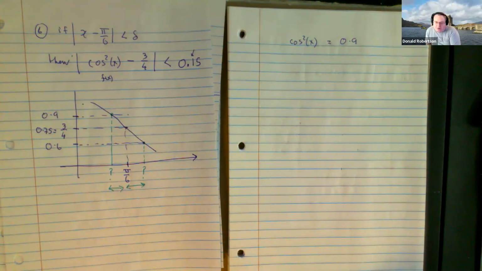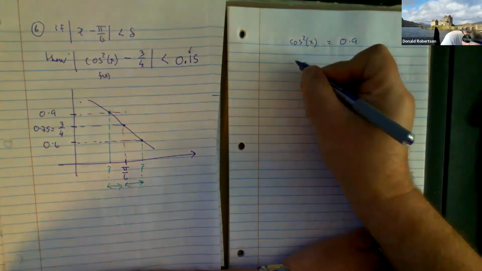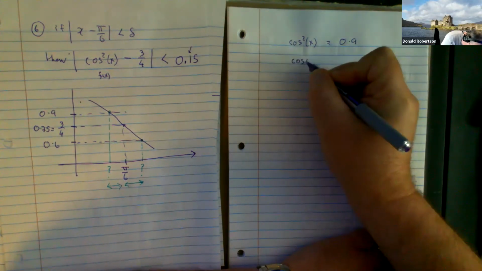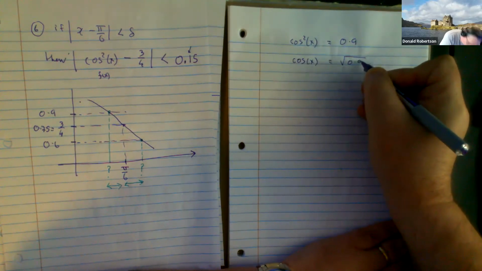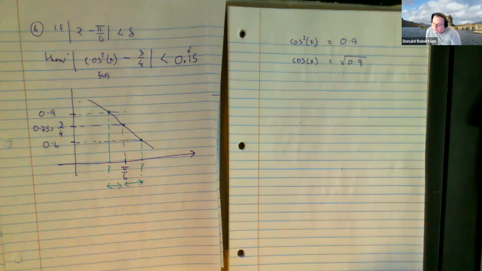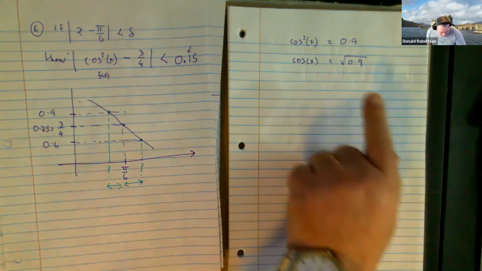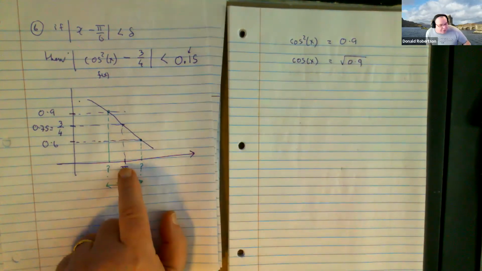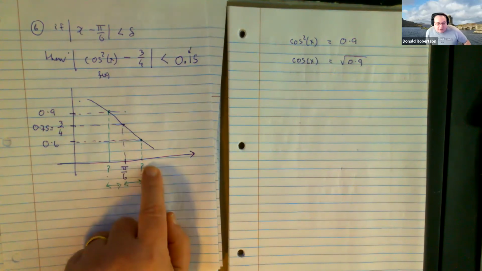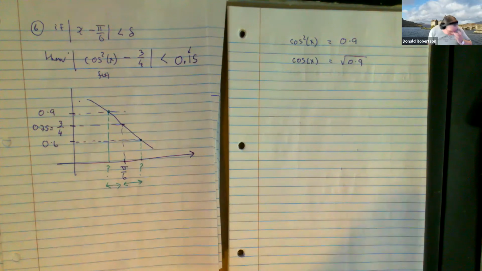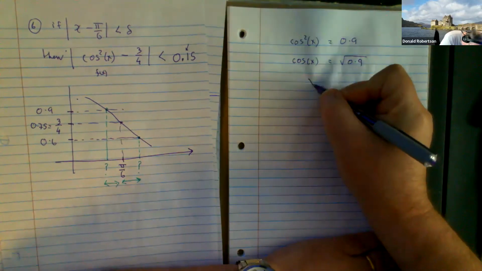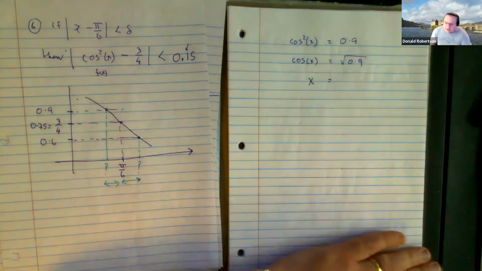So it's basically, I'm going to let the calculator do most of the work. So, would you agree that you take the square root of both sides to find out what cosine x is? And typically there's a plus or minus, but can't we make the assumption based on my picture that it's obviously a positive one, right? There's no reason it would be negative. Now, what do you do to find x?